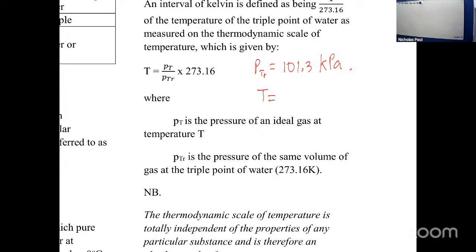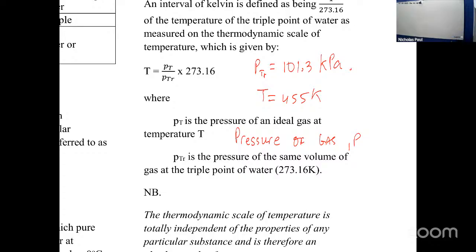When the gas is at a temperature of 455 Kelvin, calculate the pressure of the gas.